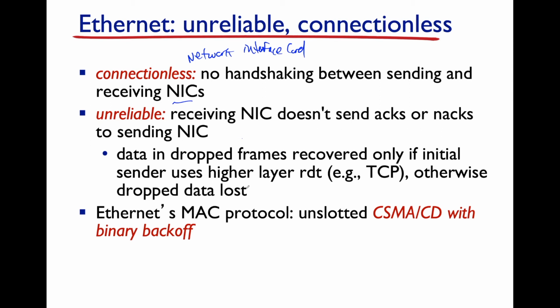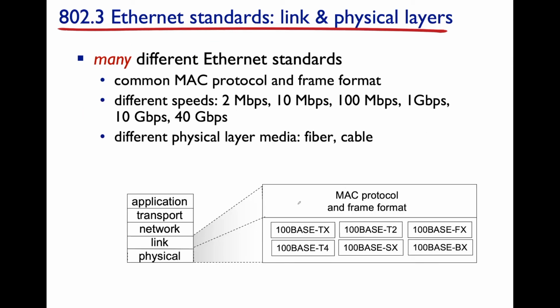And Ethernet, to access the shared media, the MAC protocol, it's unslotted, so there's no reservation of epochs in time or frequency bands, and it uses carrier sense multiple access with collision detection, using a binary backoff of the same sort that we talked about. And so there are many different Ethernet standards, and these differ by the physical medium as well as the speed and some of the framing techniques and hardware that are used.